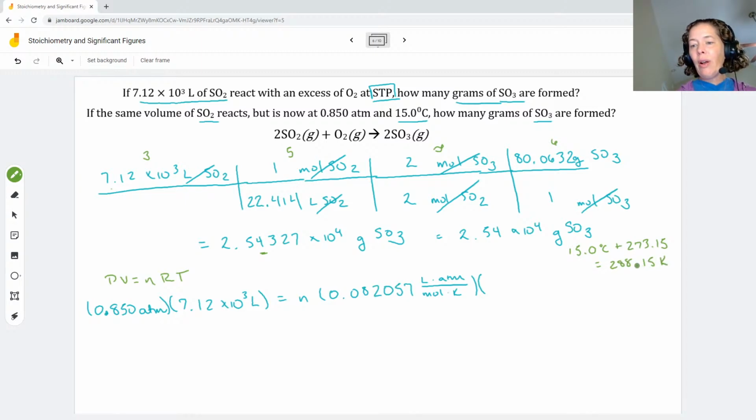Kelvin. Now, we do want to keep track of our sig figs here, and we have done addition, so we have to switch rules. It's not just number of sig figs. Remember, with addition and subtraction, you're looking at numbers of decimal places. So I started with 1 decimal place in this 15 degrees Celsius, and I used 2 decimal places for my conversion factor.